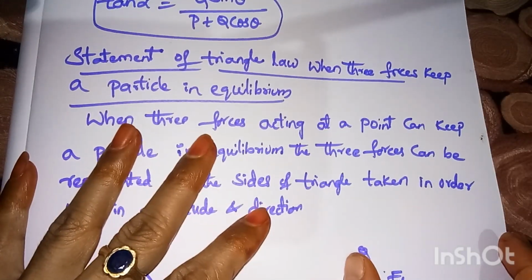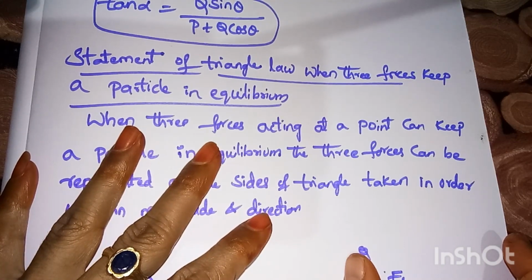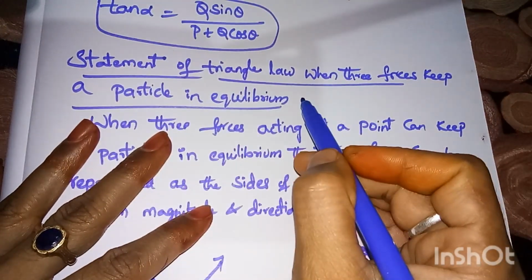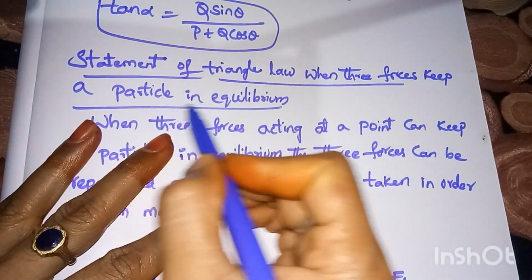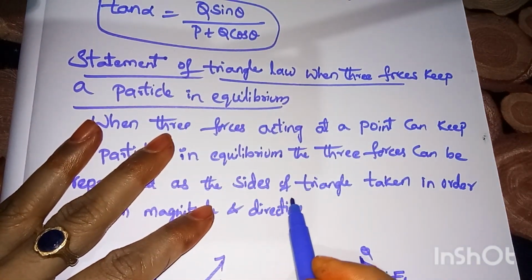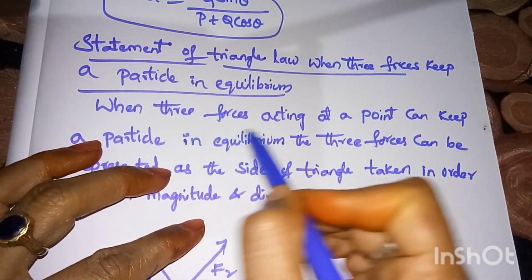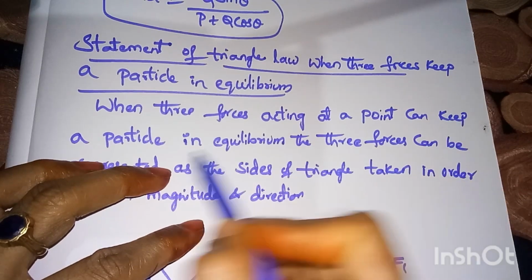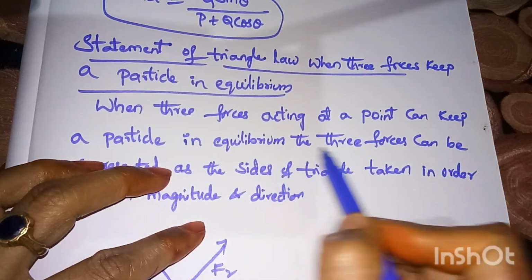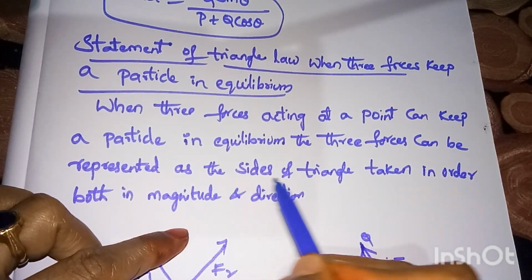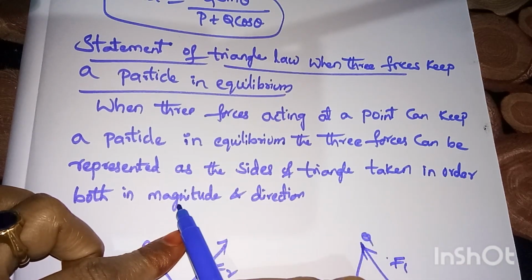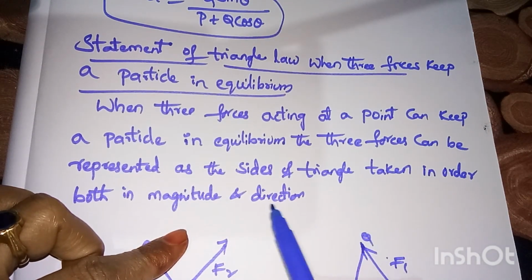There is one more statement for the triangle law, that is, the statement when three forces keep a particle in equilibrium. When three forces acting at a point keep a particle in equilibrium, the three forces can be represented as sides of a triangle taken in order, both in magnitude and direction.